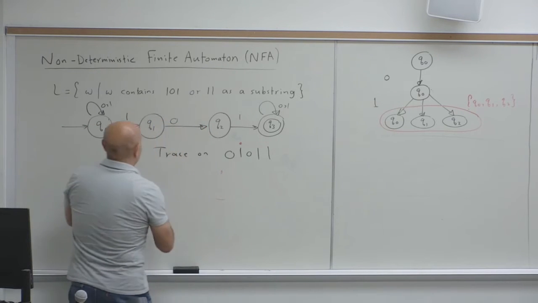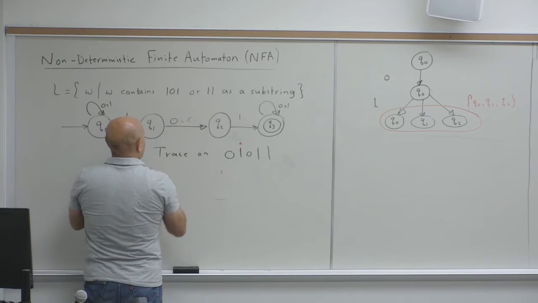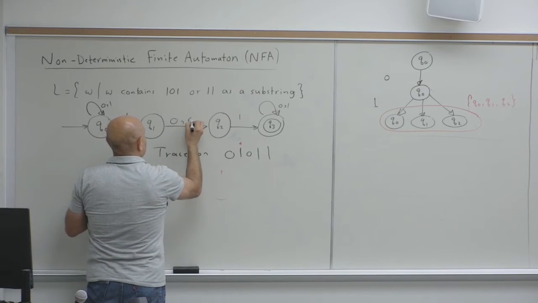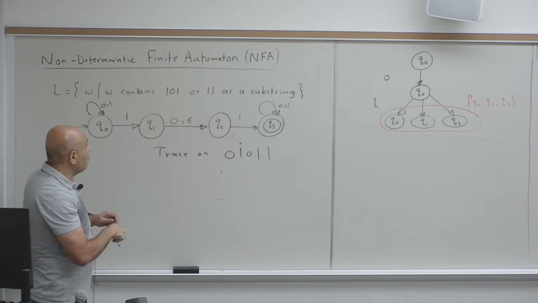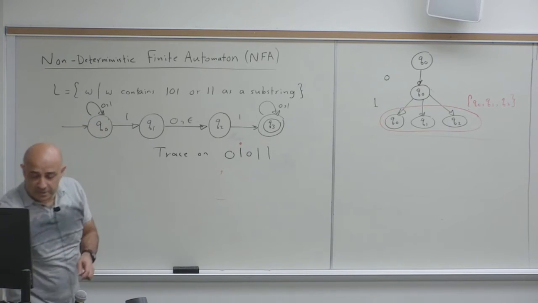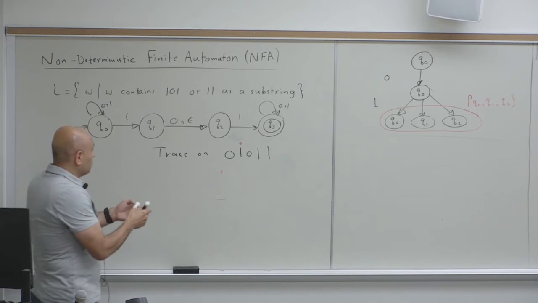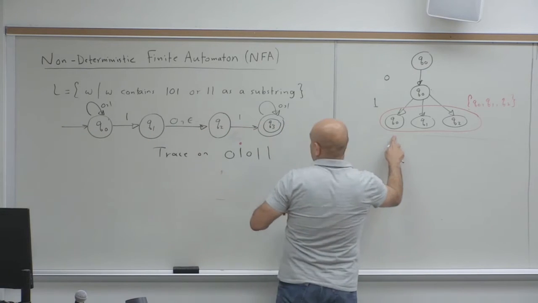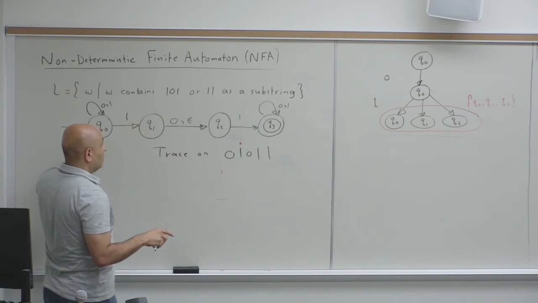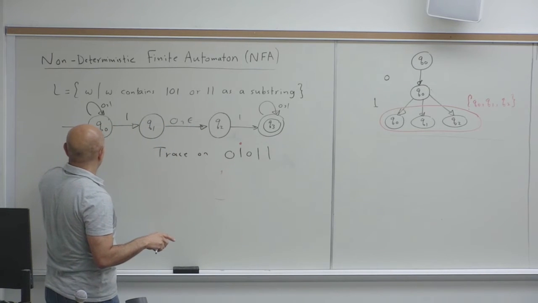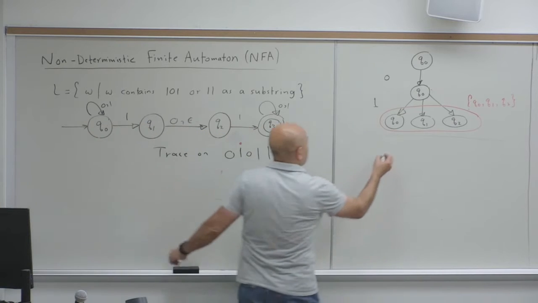Okay, so let's go back to the epsilon. Now we will have to trace this for all three possibilities. If we are in Q0 and we get a 0, how many options do you have? One option, you only go to Q0.